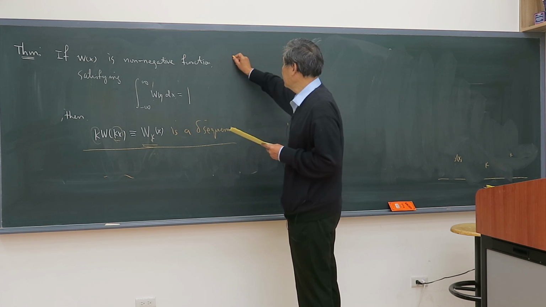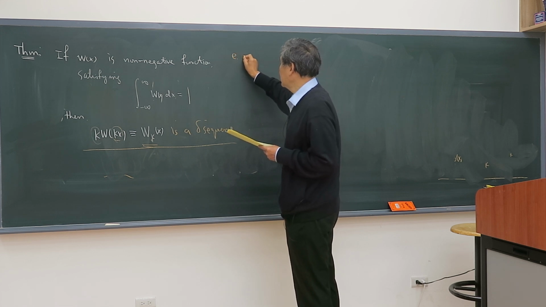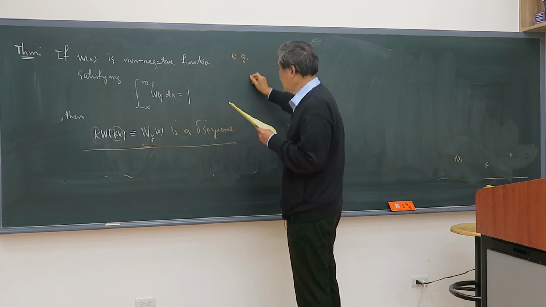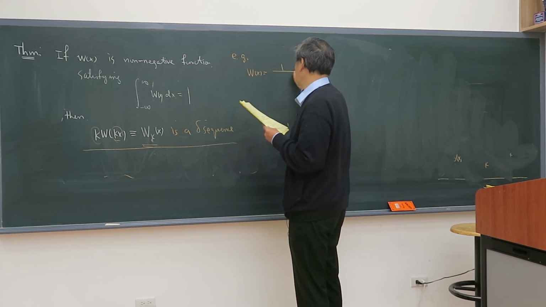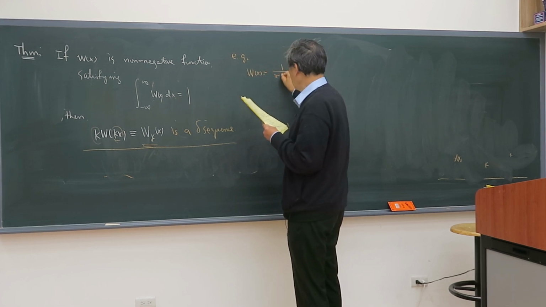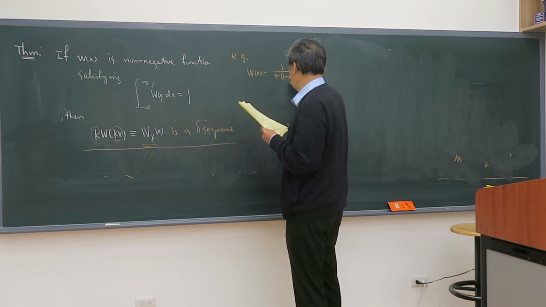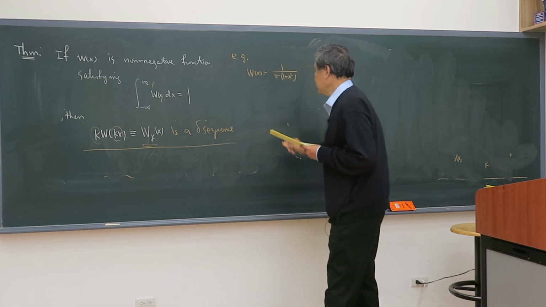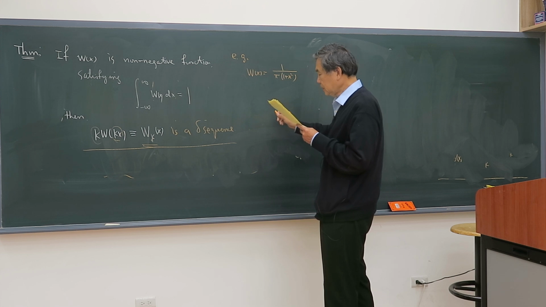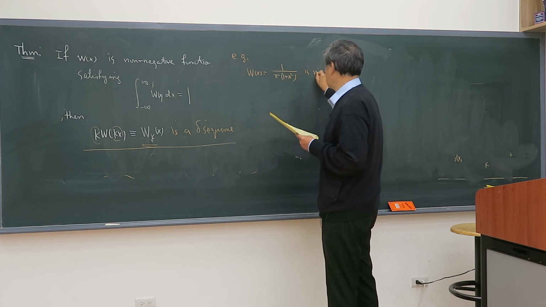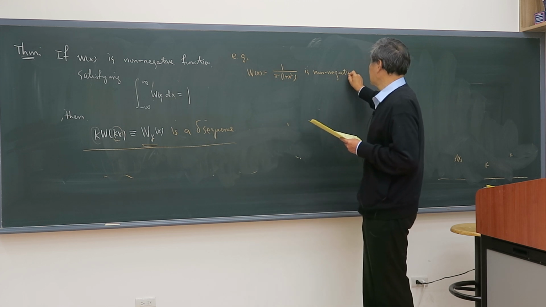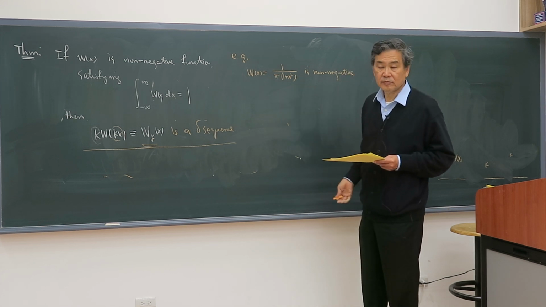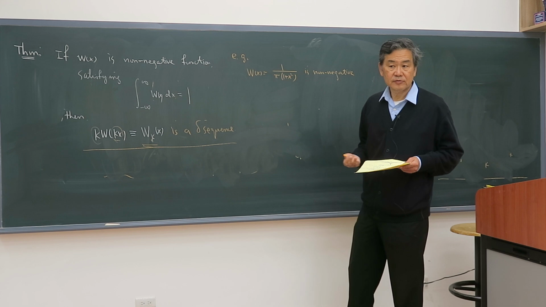Let me give you an example. If I have w(x) equal to 1 over pi times 1 plus x squared, you can check it is non-negative, positive for any given x.